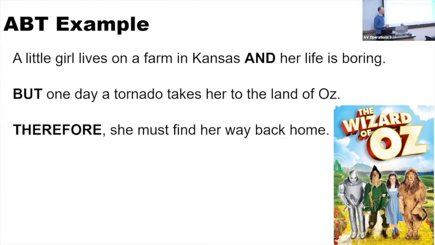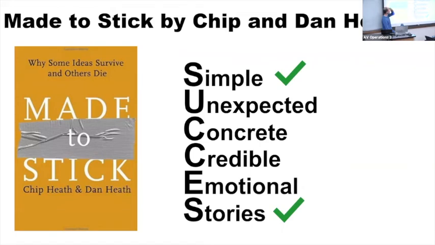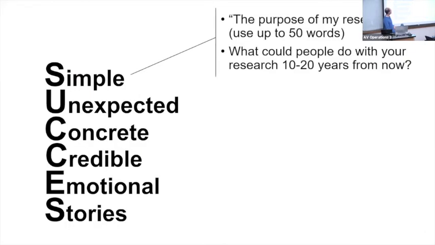Okay. All right. So, getting back to this Made to Stick thing. There are basically these principles that they talk about, and they spell SUCCESS. But we've already addressed the simple, thinking again about the purpose of your research.